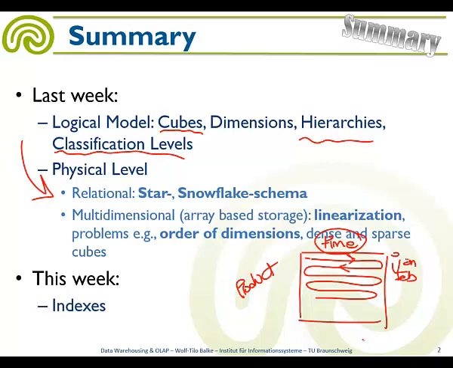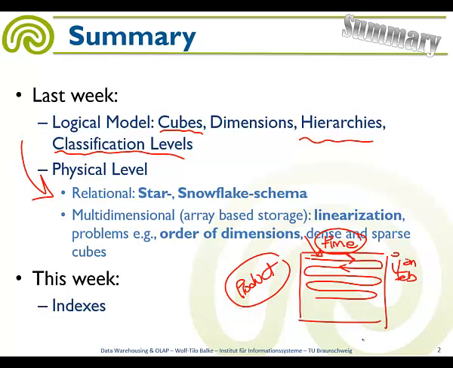If on the same linearization you get a query about the different products sold in January, that would have been difficult because the data is not linearized according to the product dimension. That meant you had to hop across different disks on your platters. That was one of the cons of using arrays.